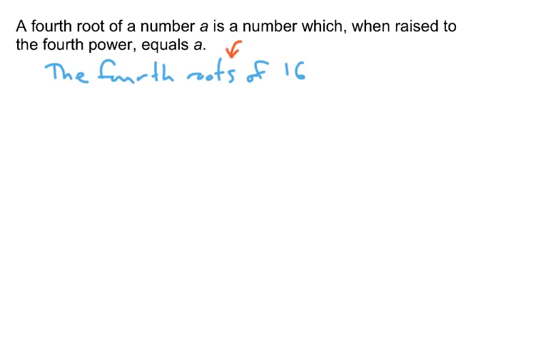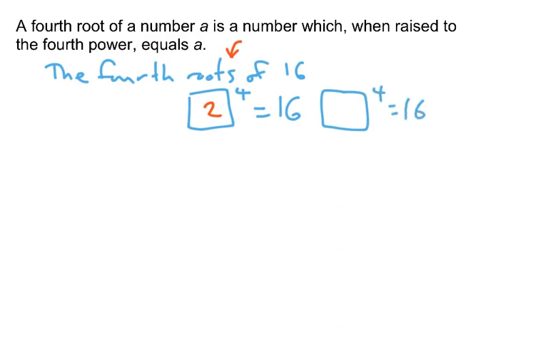What we're looking for is a number which, when I raise it to the fourth power, would give me 16. And I think you're going to see that something very similar happened to square roots. Yes, I can put a 2 in that box. 2 to the fourth power, 2 times 2 times 2 times 2, that would give me 16. But also negative 2 to the fourth power would give me 16.